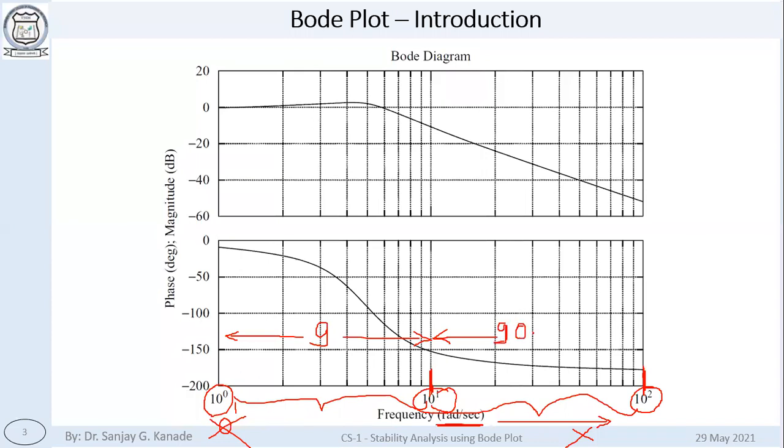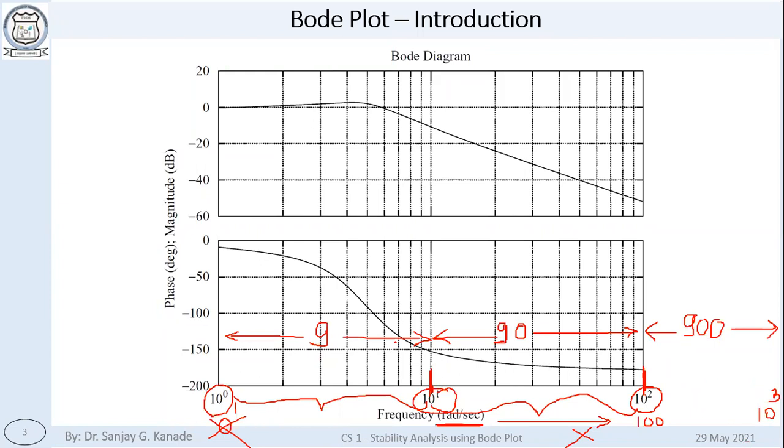Am I right? Is it correct? Here the range is 9, here it is 90. What will be the further range? It will be 900 because it is starting from 100. This is 100. And the next major division is going to be 10 raised to 3, means 1000, right? See, you are getting the difference.